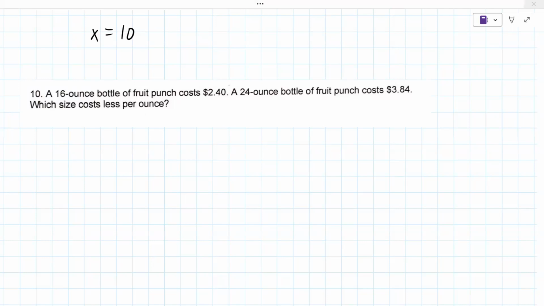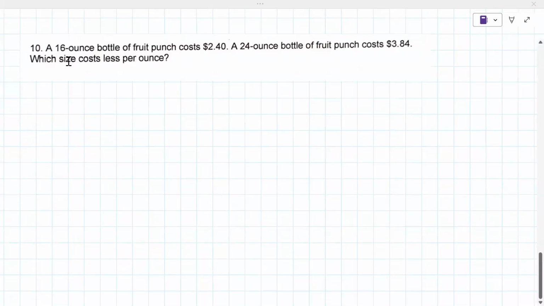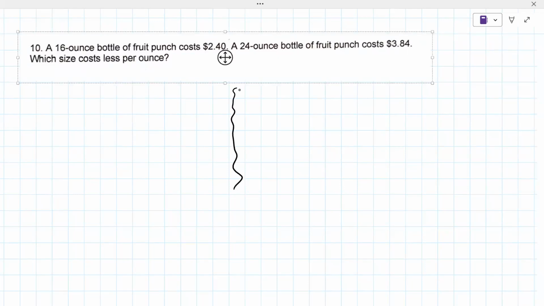All right. This is the whole unit price thing. Basically comparing: we've got the 16-ounce situation and then the 24-ounce situation, and you want to calculate the unit price for each. It's always dollars per something.